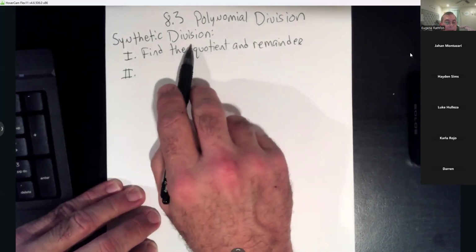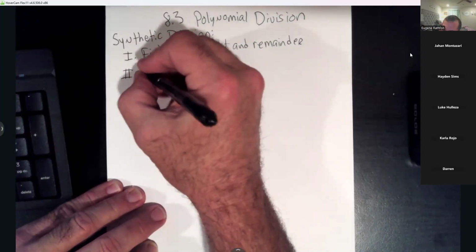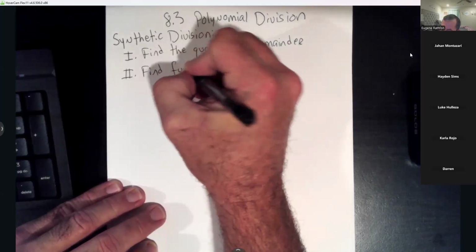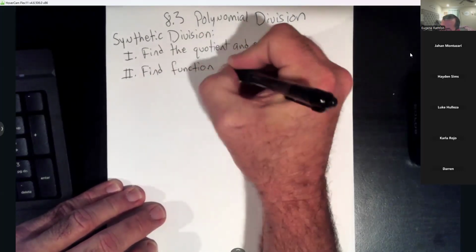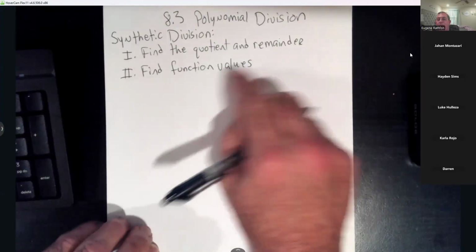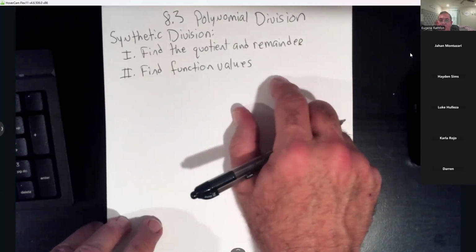Second thing I can use synthetic division for, I can find function values, such as f of 3, f of 4, that type of stuff.